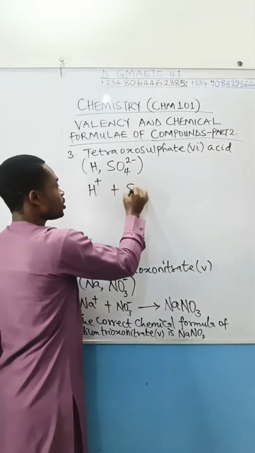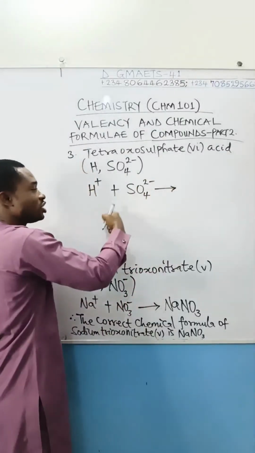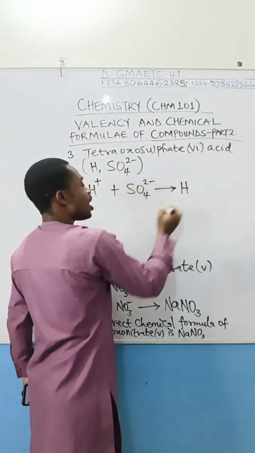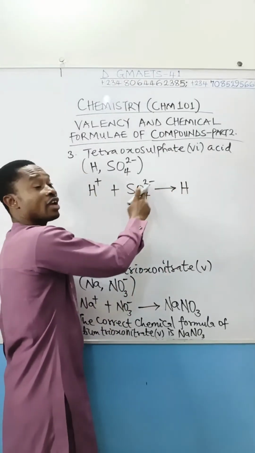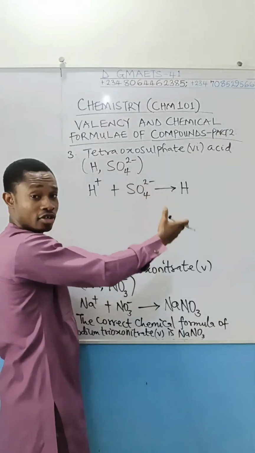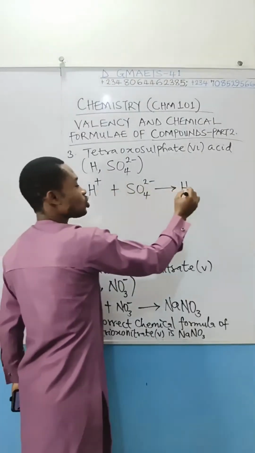Then it's combining with SO4 2 minus. Let us see. When they interchange their valencies, what is going to happen? Write the hydrogen first. Hydrogen would get the valency of the SO4 radical or ion. Hydrogen will receive its valency. The valency will become the atomicity of hydrogen.